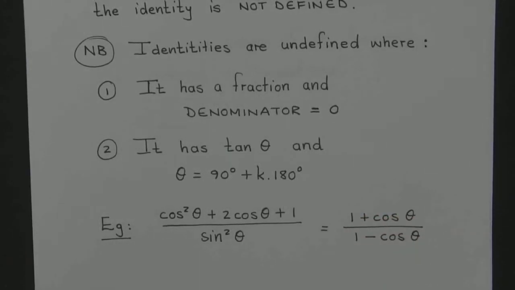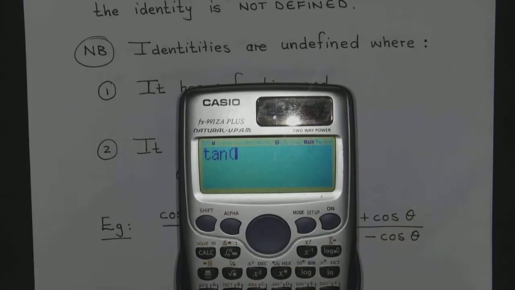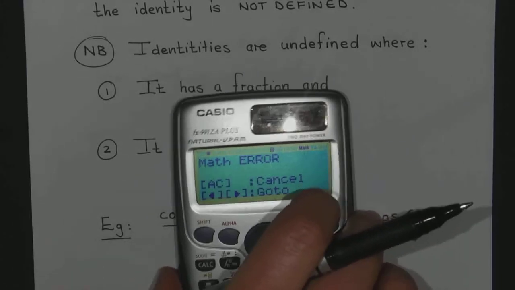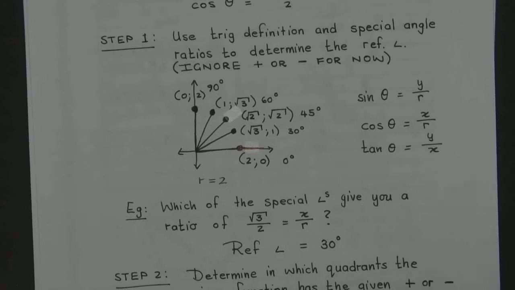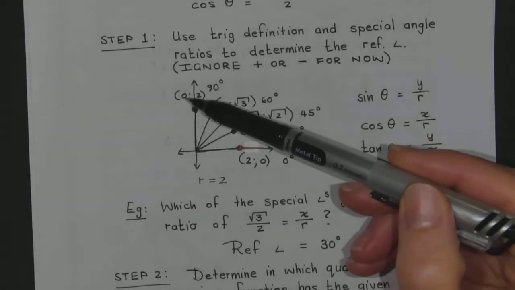Because if I type the tan of 90 degrees into my calculator, I get a math error. And there's a very good reason for it. There's actually a very, very brilliant reason for it. If I look at my special angles, which I did draw over here, there are the values for 90 degrees.